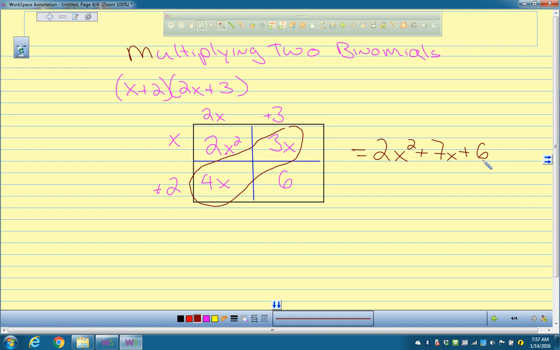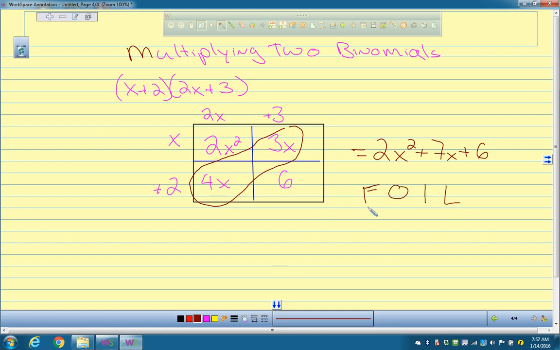Okay. So we're going to do another one, and then I'll give you some practice. Another way to think about this is it's called FOIL. F-O-I-L.